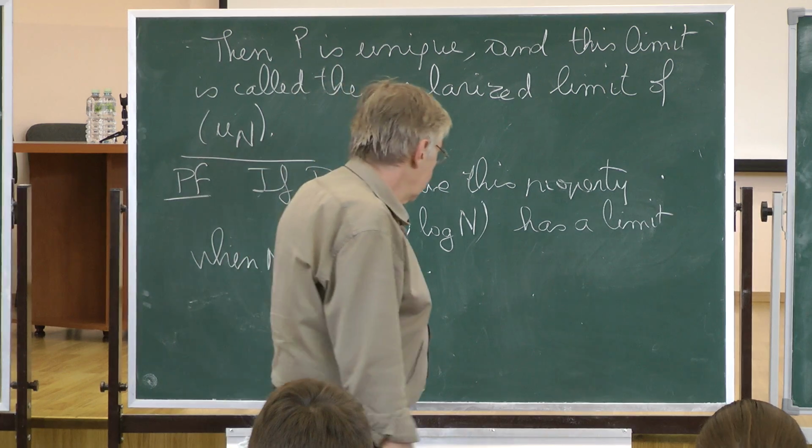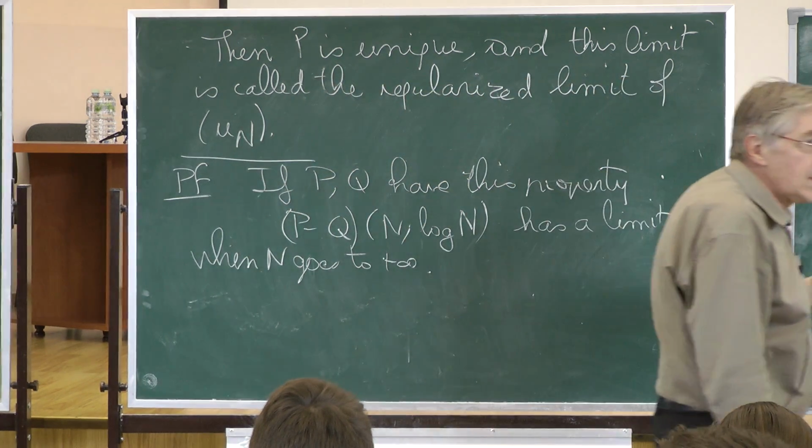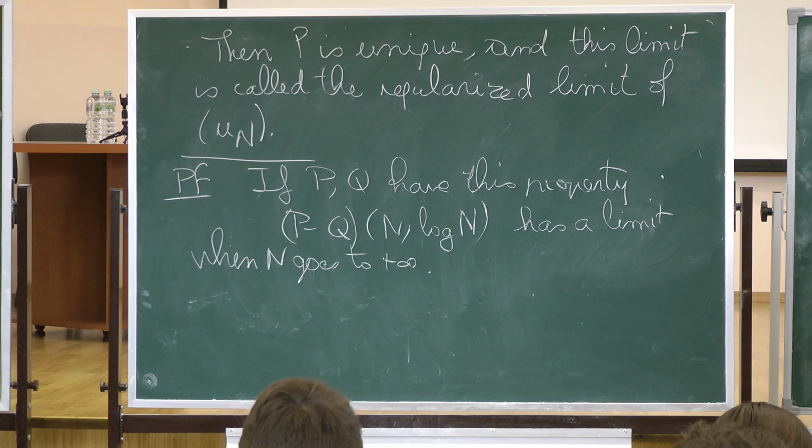And this implies that P minus Q should be a constant, but since P and Q have no constant term, this constant has to be 0.